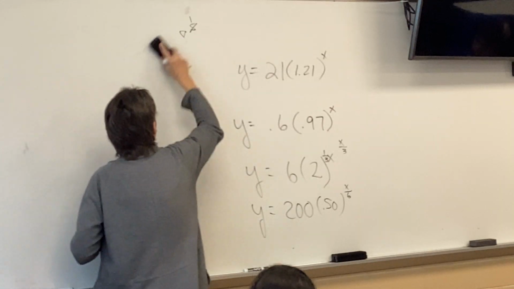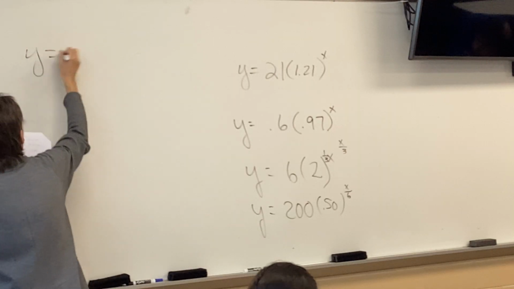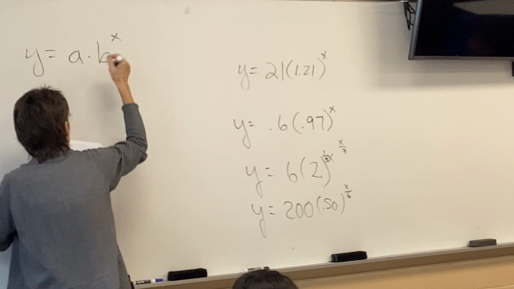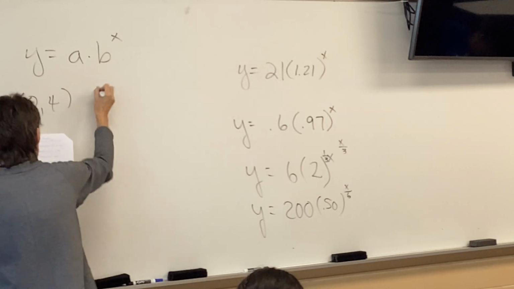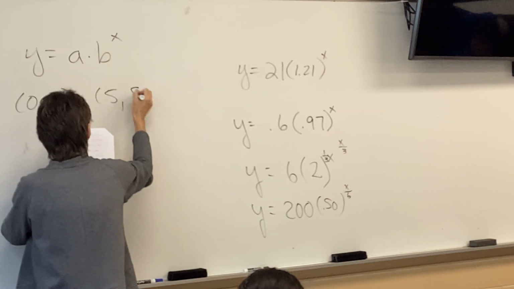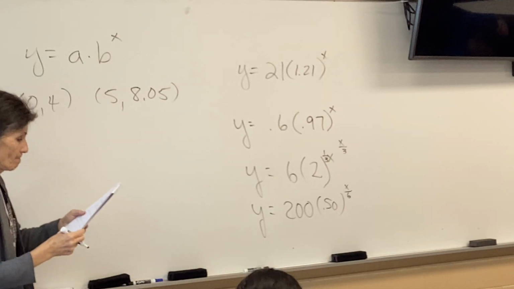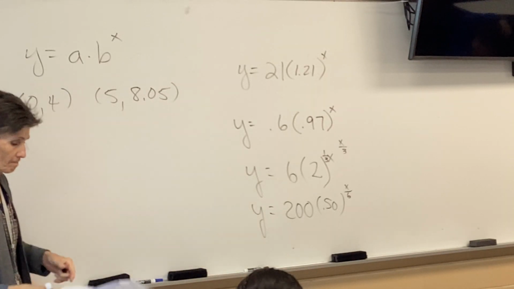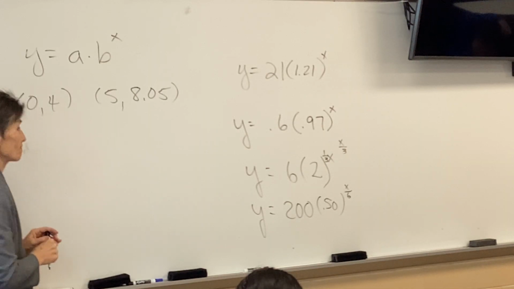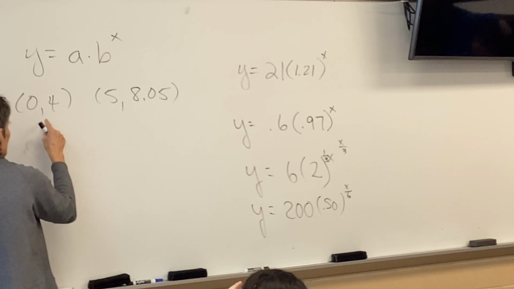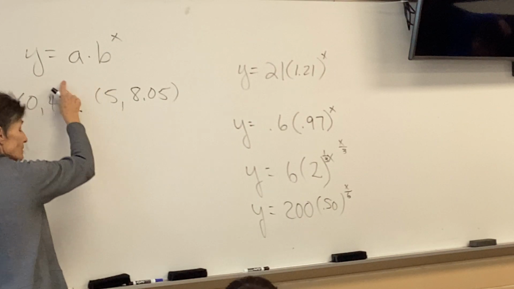This time, y equals a times b to the x, that's where I'm going. And I've got the points (0, 4) and (5, 8.05). Let's start with this point now. There are 4 letters in this equation.